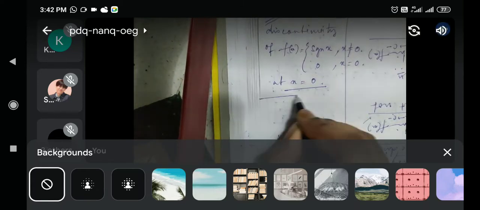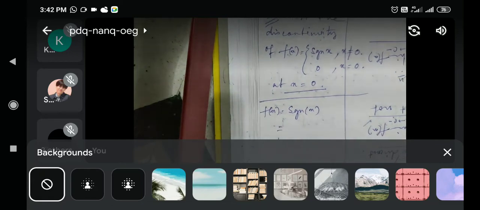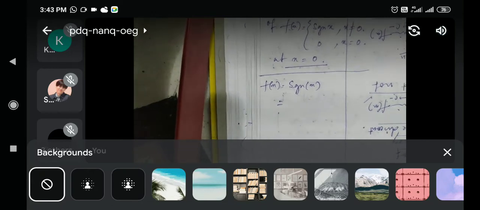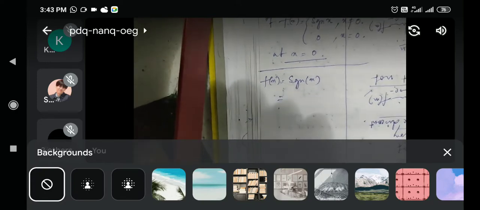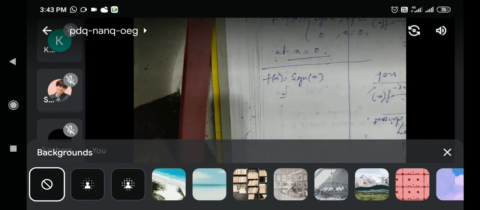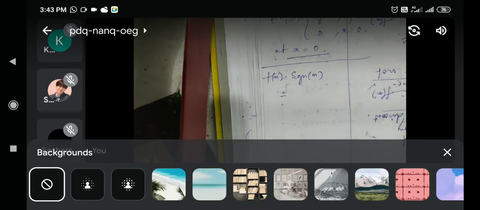Now someone tell me how to define the signum function. What's the value of the signum function?